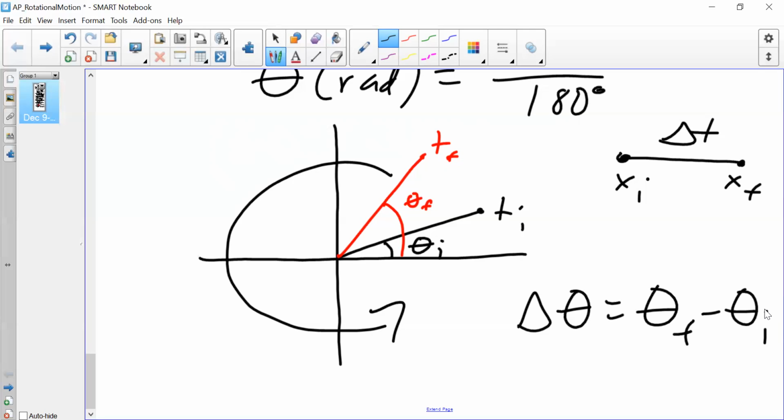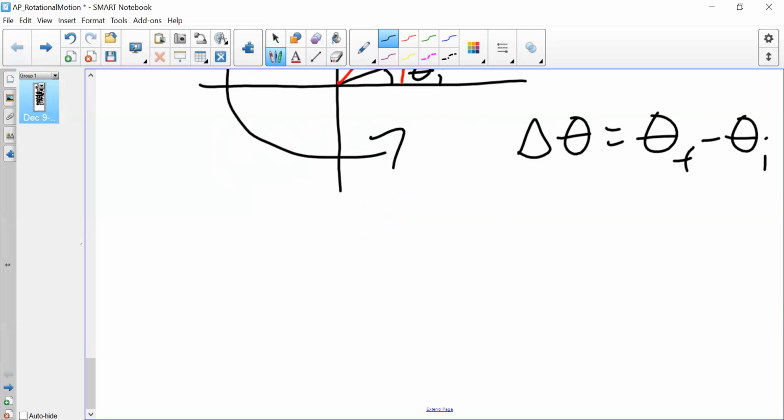Well, as with anything, rates of change. It takes time to change the position. Therefore, when we have velocity as delta x over delta t, we're going to now use a new variable for a new physical quantity called angular velocity, the translation of angular displacement over delta t.